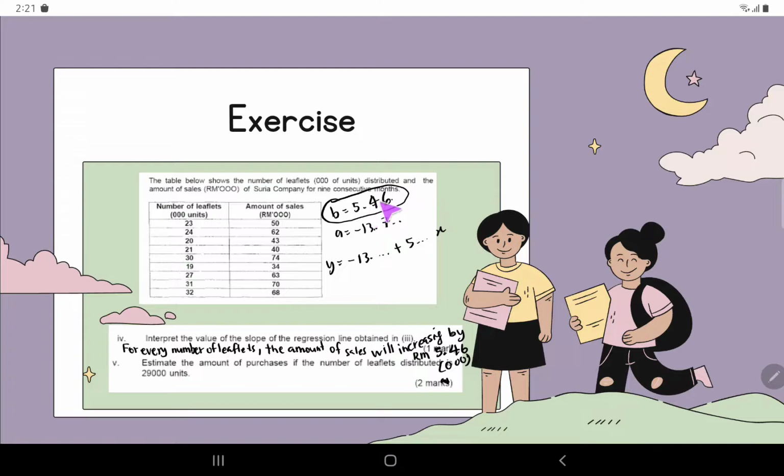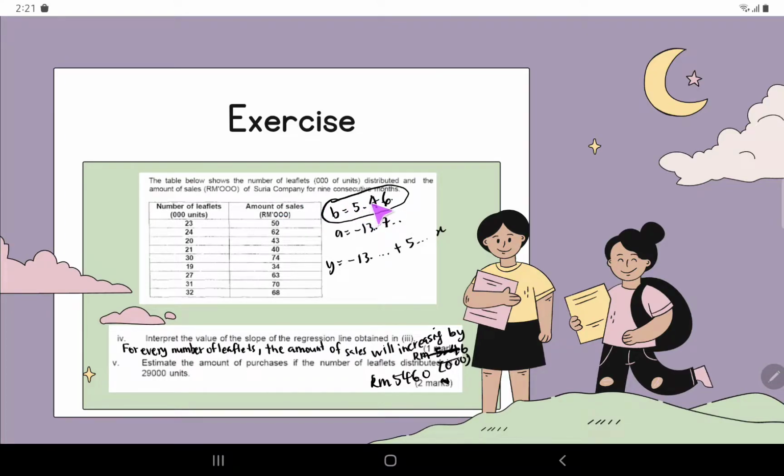Okay, kita dapat B 5.46. So tapi you all kena tahu kita punya Y ni adalah dalam ribu. Okay, so kalau 5.46, kita darabkan dengan 1000, so kita akan dapat 5460. Okay, RM5460. Sebab ni darab dengan ribu kan, darab dengan 1000.